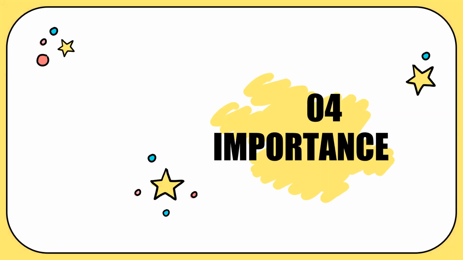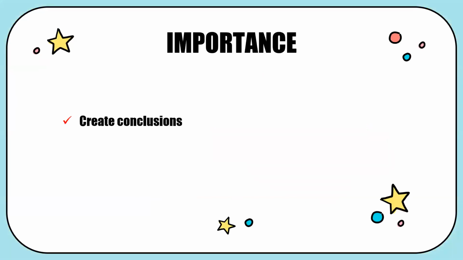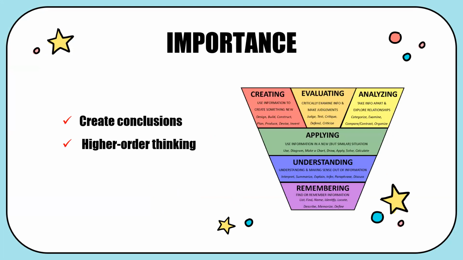So having said this, let us now move on to the importance of inferencing. So I would say that inferencing actually helps us to create conclusions about what the writer is trying to convey. So therefore, it is a very important skill that one should acquire. Secondly, it also leads to higher order thinking. When I talk about higher order thinking, I'm referring to Bloom's taxonomy, where Bloom refers to creating, evaluating, and analyzing as higher order skills.